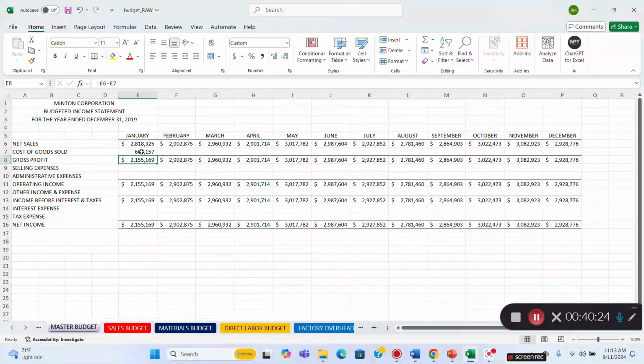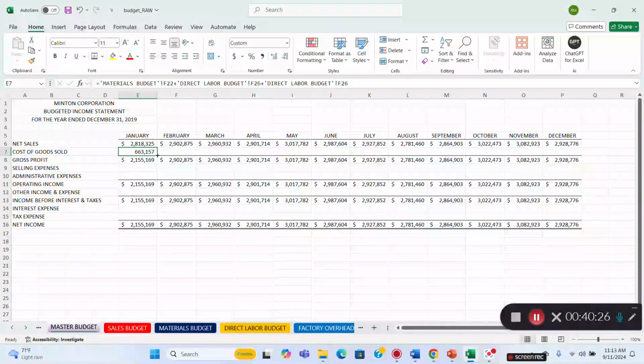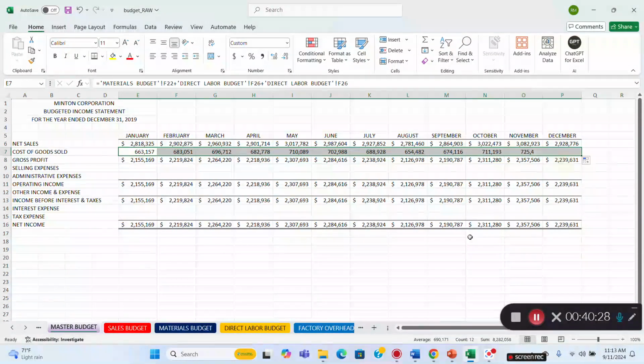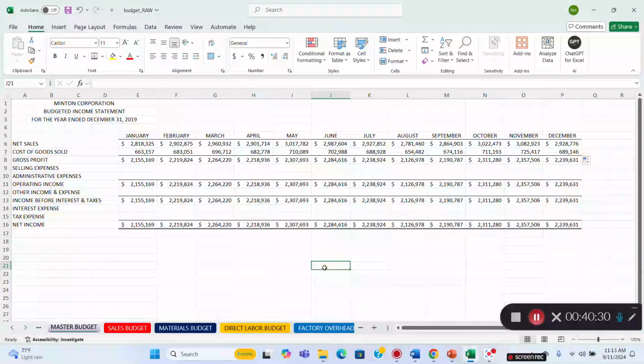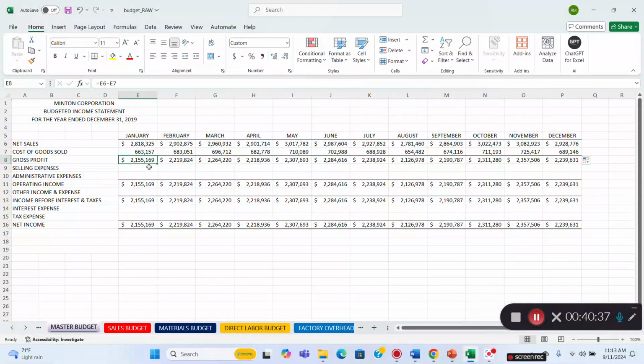And that's your number for the cost of goods sold. Drag it across. Boom. And then this is an automatic calculation here. So your gross profit is 2155169. And that completes the top part.